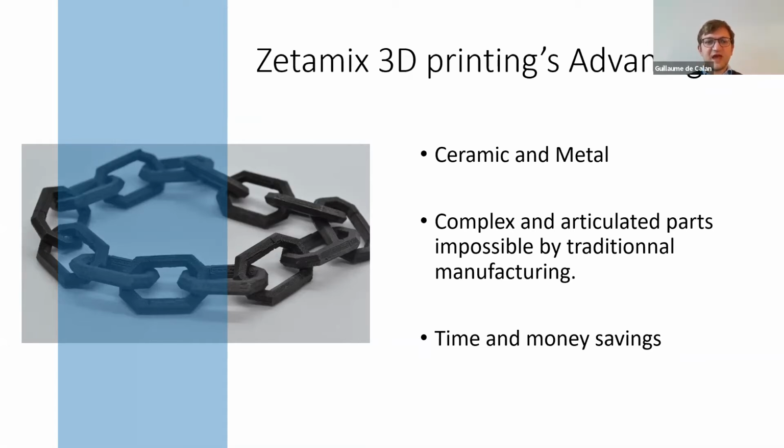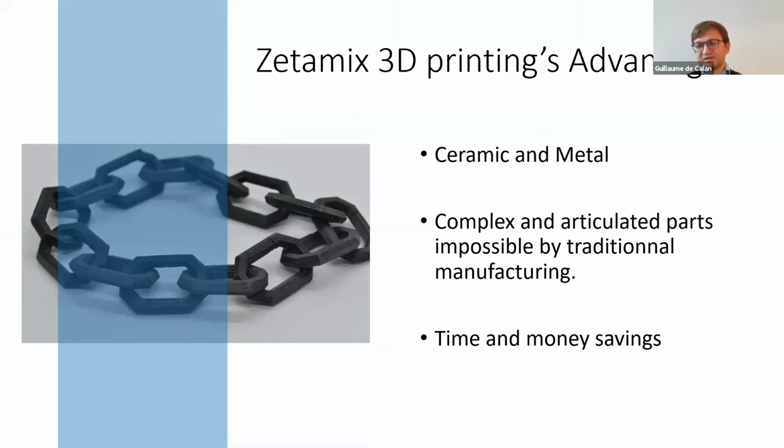The second thing is we have access with this technology to very complex structures that you could not manufacture in any other way. Articulated parts, internal features, high level of complexity, all of this is made possible with the technology. So as much as possible, you should take profit of it.